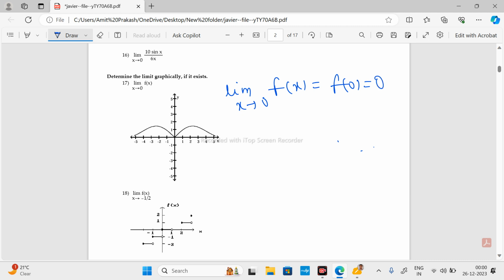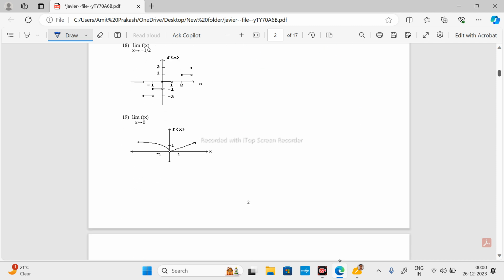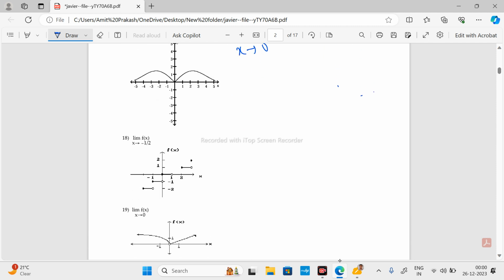Again we have to find the limit at x tends to minus 1 upon 2. So minus 1 upon 2 is here. Limit x tends to minus 1 upon 2 from the right of minus 1 upon 2, the value of the function is minus 1, so the limit becomes minus 1.